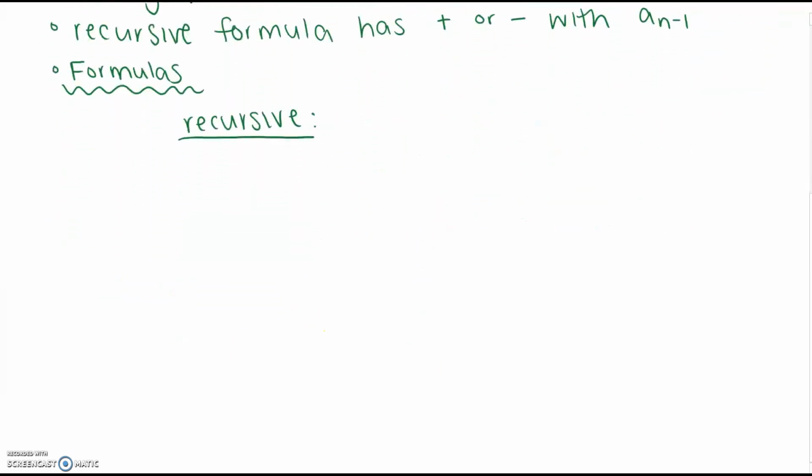The way we learned it at the beginning of the year, we said a sub n equals a sub 1 when n equals 1, a sub n minus 1 plus the common difference when n is greater than 1.